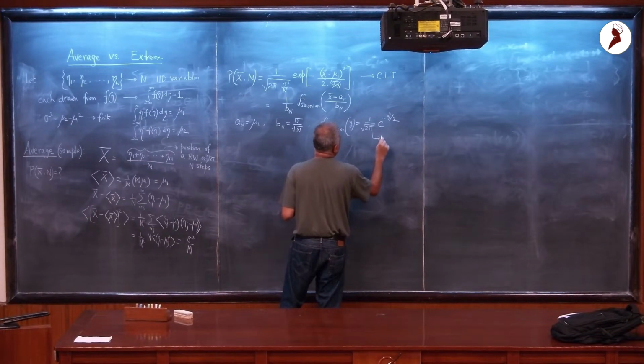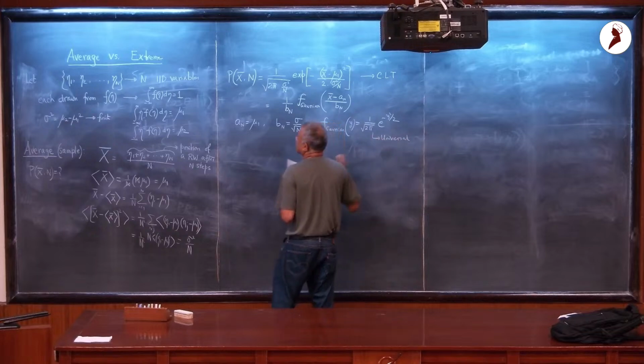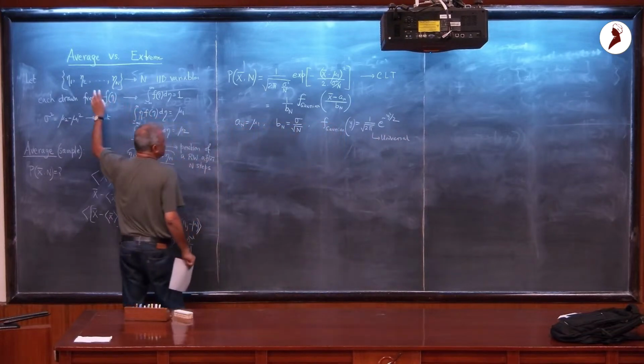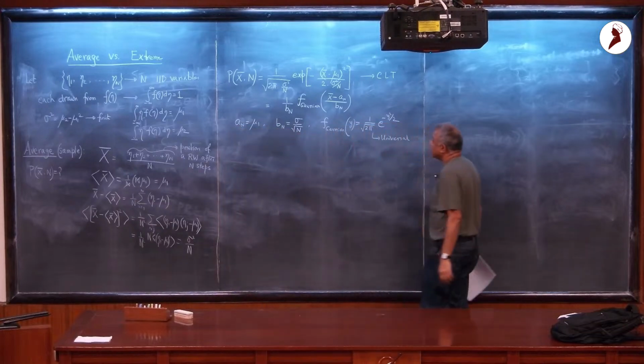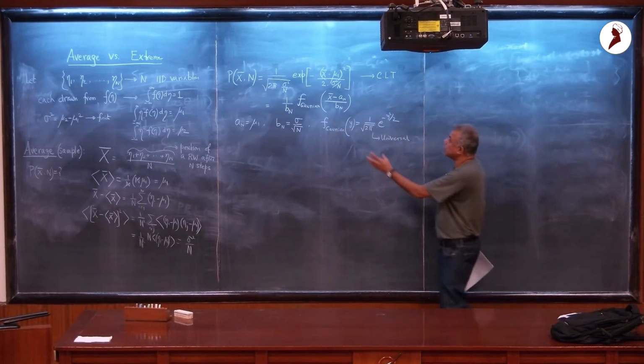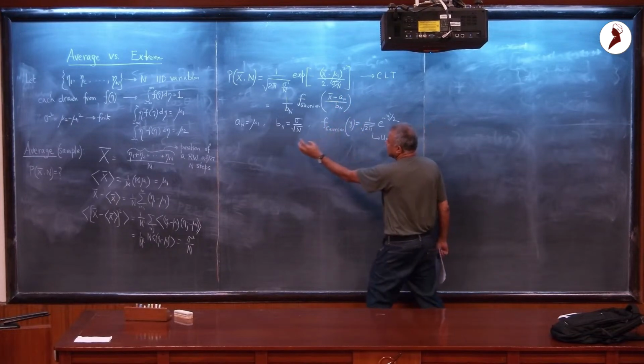and this is universal in the sense it does not depend on the details of the f of eta. It only depends on just the first two moments. Okay. So this is what you see. The interpretation of an is that this is just a mean.